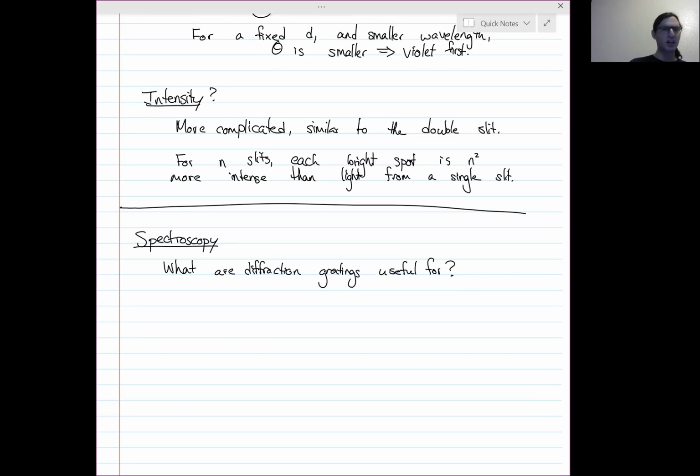If you've taken inorganic chemistry or maybe some physics classes before, like in high school, you might know this. And it turns out that the frequencies that a substance emits characterize that substance.